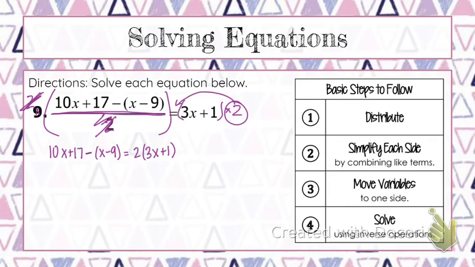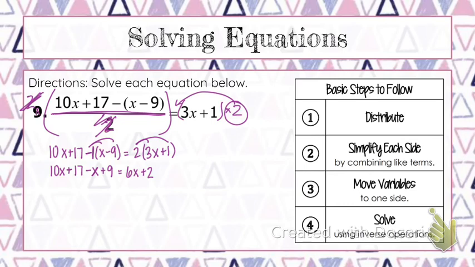So now we have something that looks like the other things we've been solving. So we're going to distribute this, and remember, when there's no coefficient, that means it's a 1, and we're going to distribute that as well. So we have 10x plus 17 minus x plus 9 equals 6x plus 2.